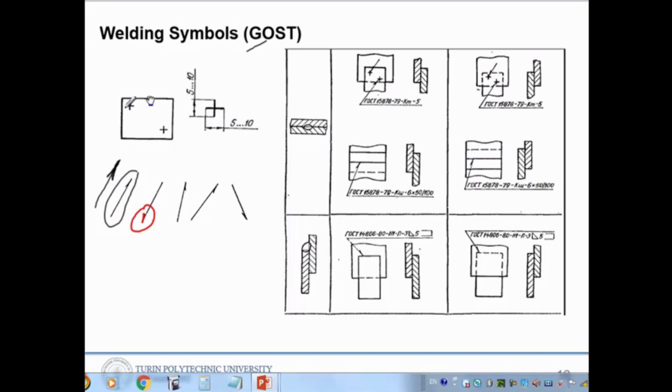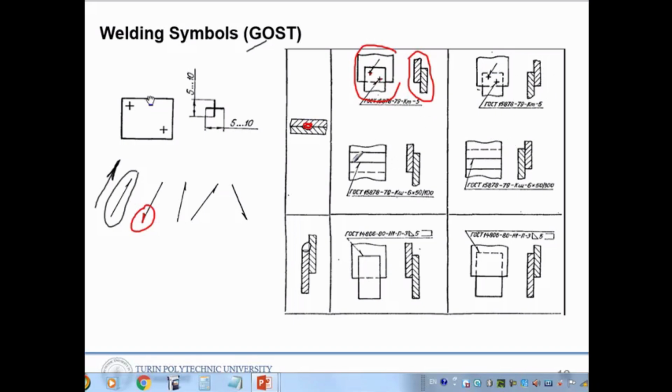Also, the spot weld has just points like this, which means two plates are welded at these points. Here a spot weld is shown this way.